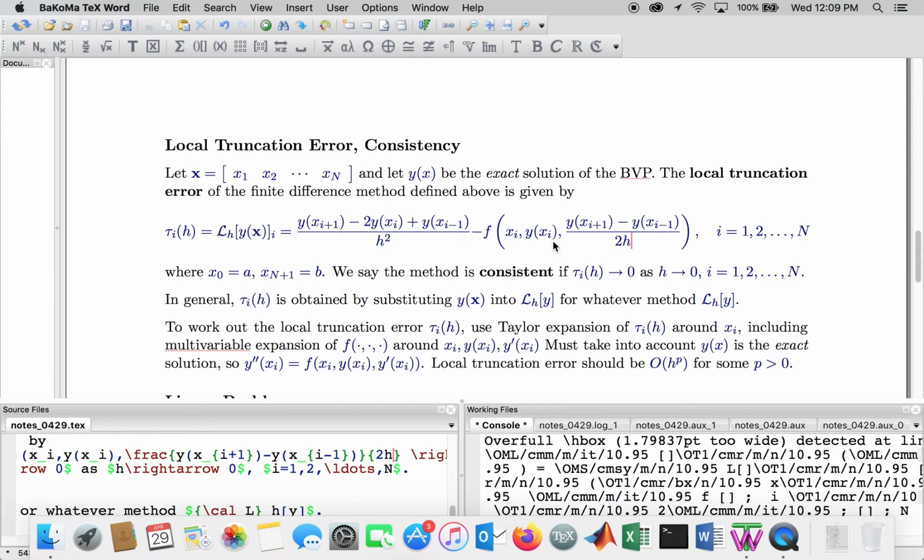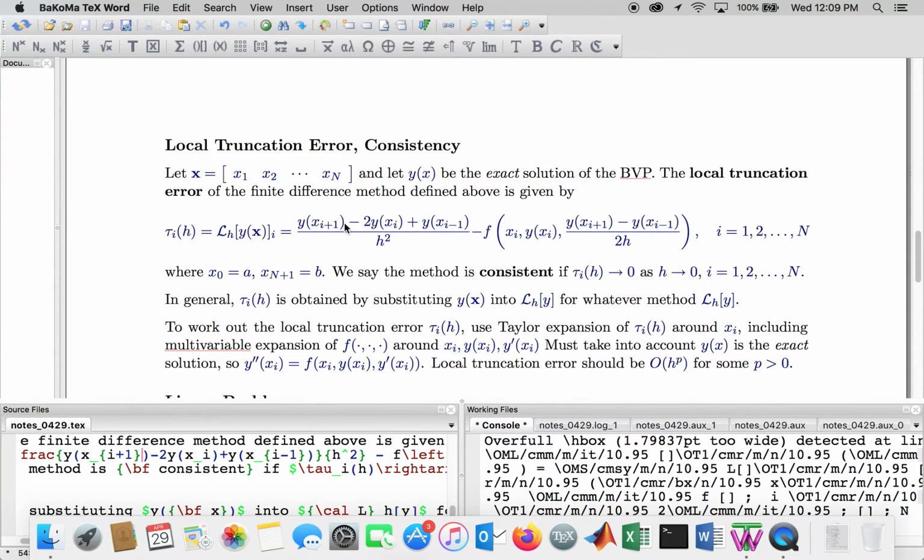Okay, now the other thing is, if I were to expand this and this around xi, what would happen is things would simplify to the point where you would see y double prime of xi appear.